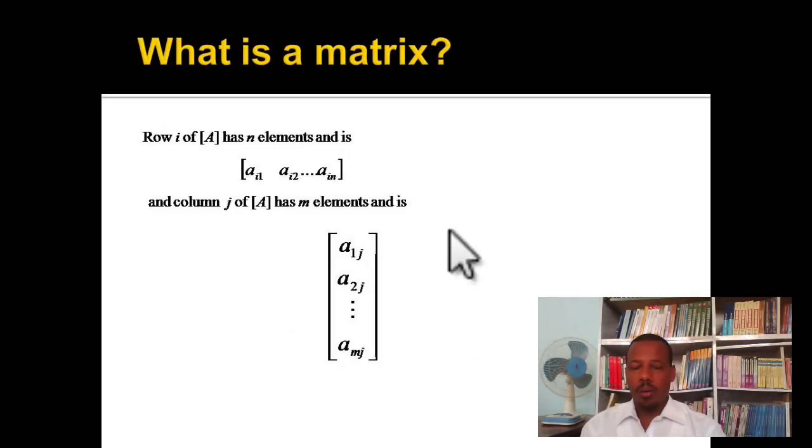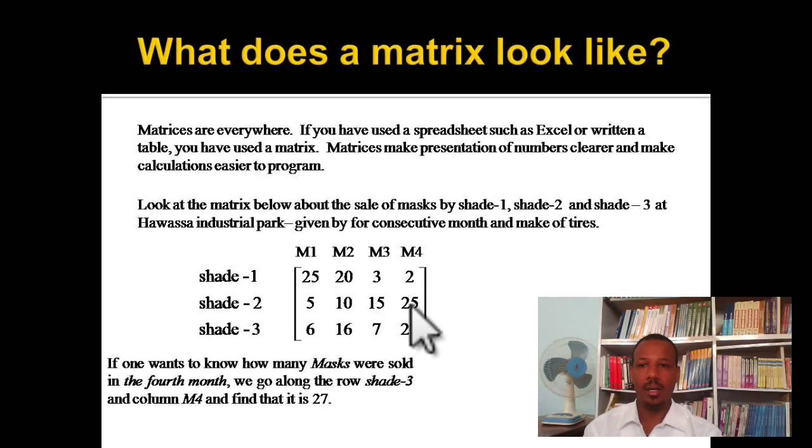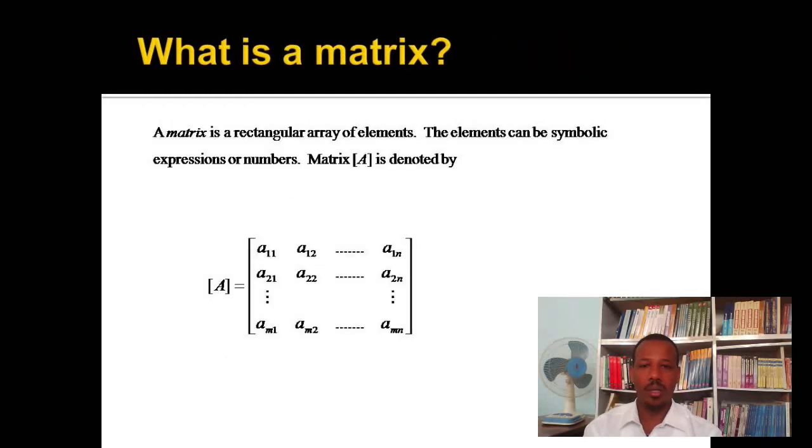The ith row of the matrix A has n elements, as you can see. A matrix, as we defined, consists of rows and columns. This one is said to be the first column, the second column, the third column, and so on.